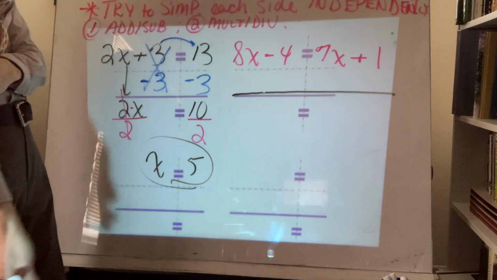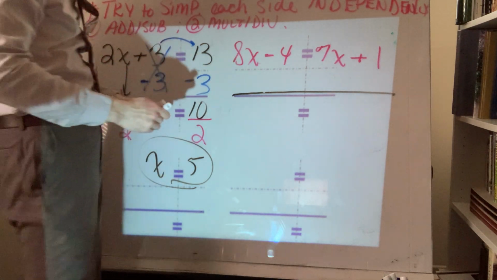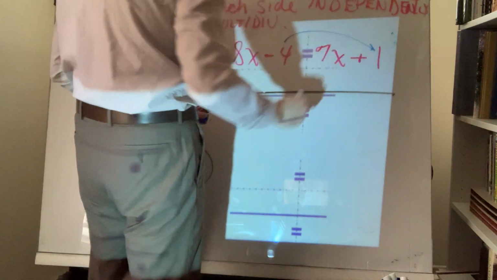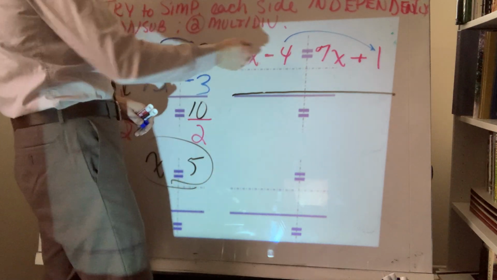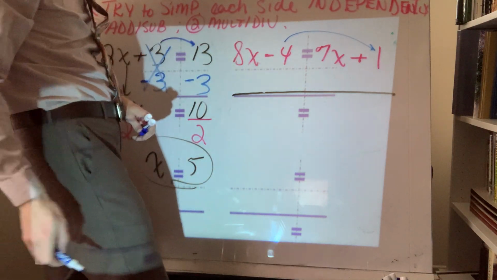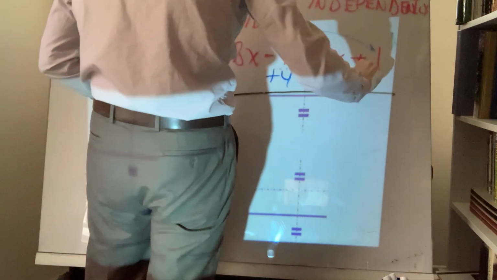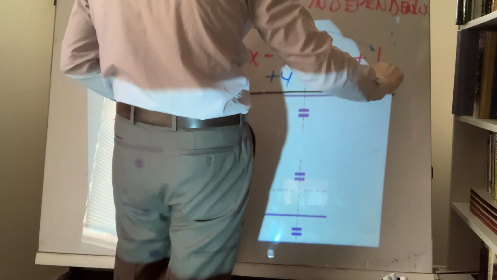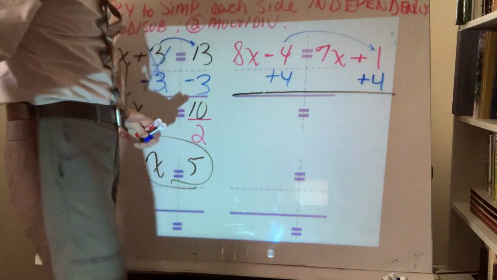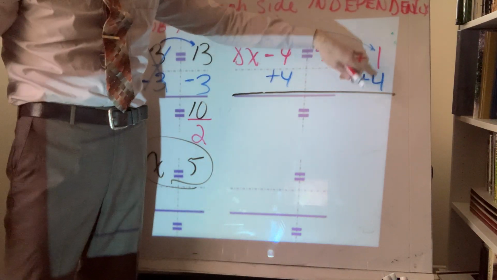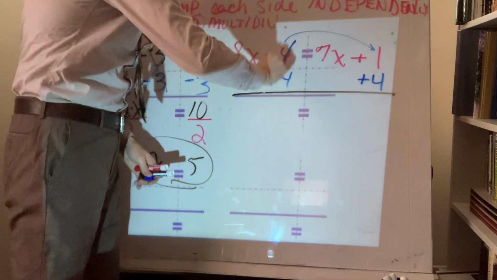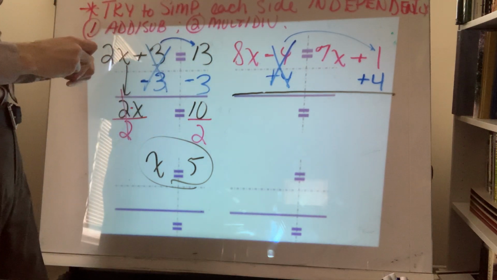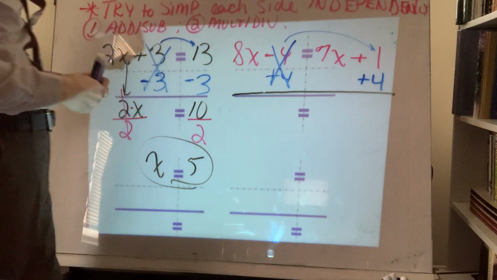Let's do the easy part first. Let's move this -4 over to here. What is the opposite of subtracting 4? Adding 4, and I'm going to strategically park it underneath the thing that it most closely resembles, which is the other constant. These are like terms. Cancels here. And I'm going to rewrite what is left over.